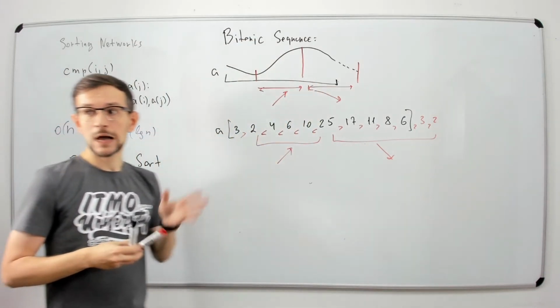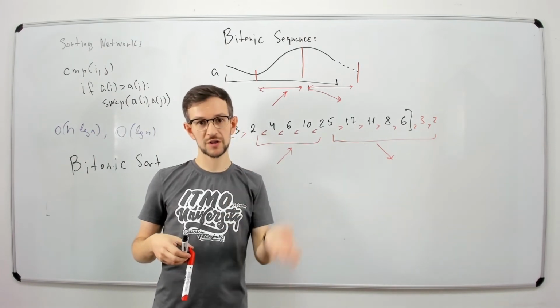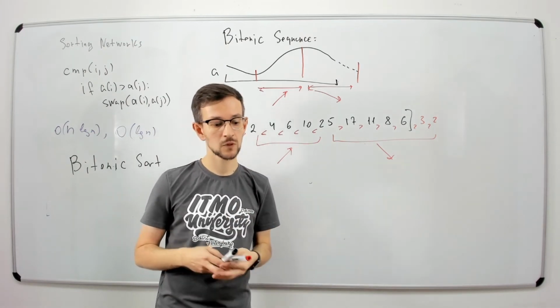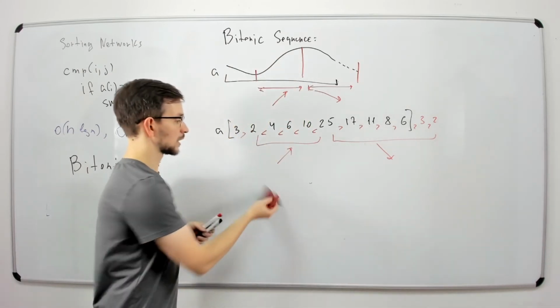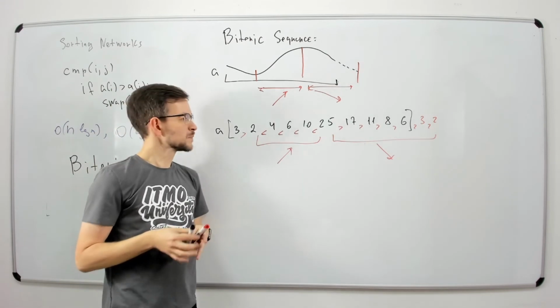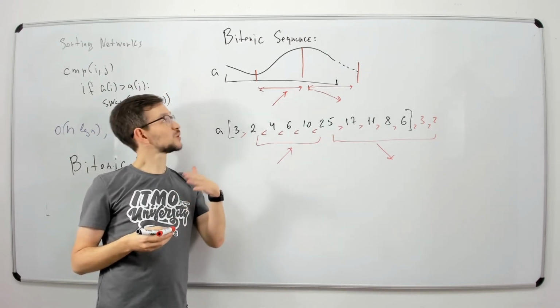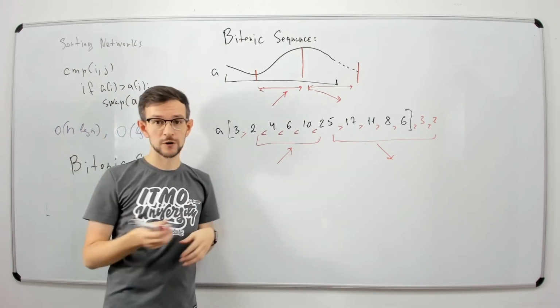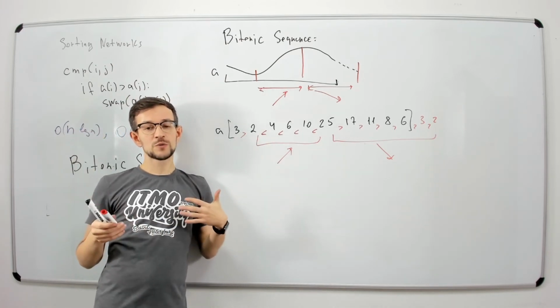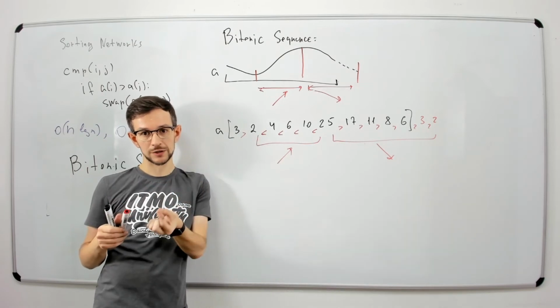Cool. Now we will build the sorting network which will sort the Bitonic sequence. To sort the Bitonic sequence with a sorting network, we only need to be able to sort all the Bitonic sequences of zeros and ones.